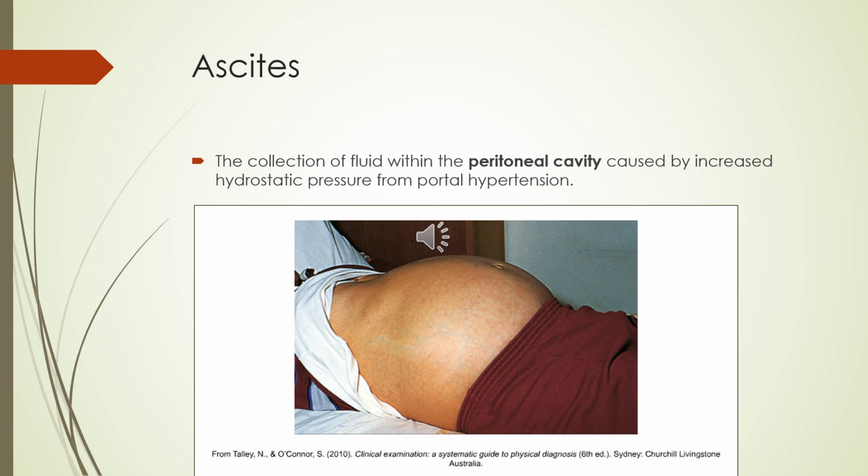It is a collection of fluid within the peritoneal cavity caused by increased hydrostatic pressure from the portal hypertension. And so hence you see abdominal distension, which is firm, and also you can start seeing the spidery angiomas where, if you look close enough, you can see some of the dilated veins in the skin on the surface of the skin.